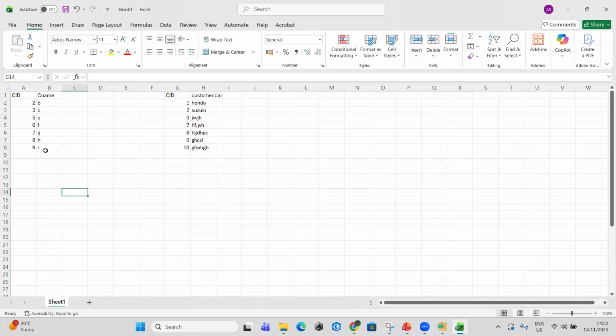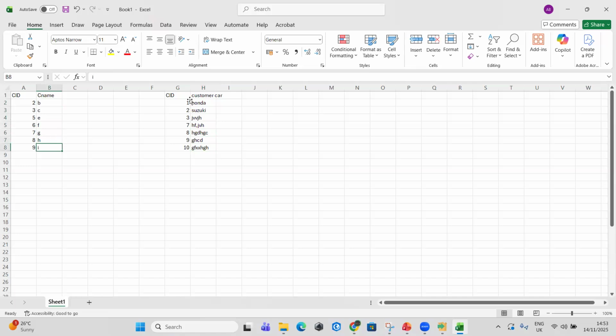Now you have two tables here, right? But what you will see is this is the common one, customer ID. This is the car that the customer has. I have just given it a random name, right? And this is the customer name.